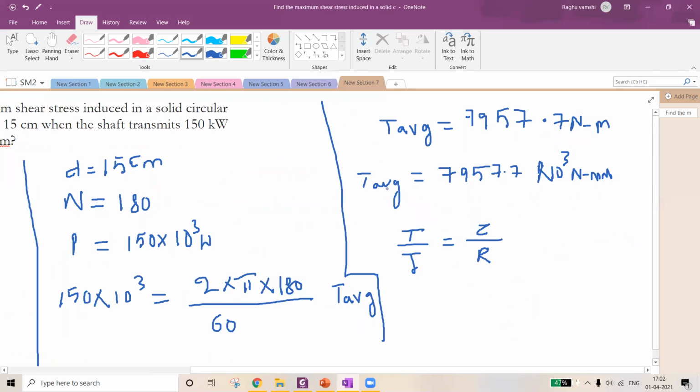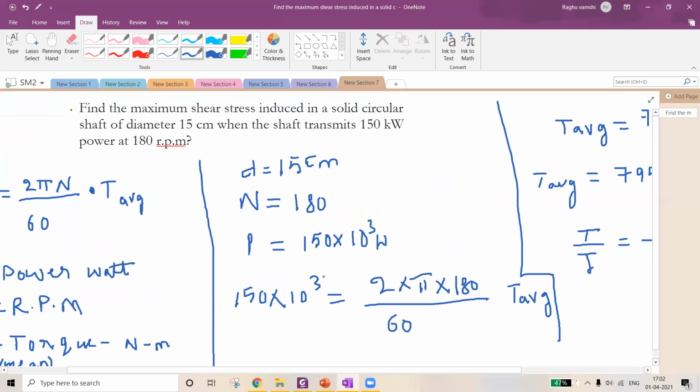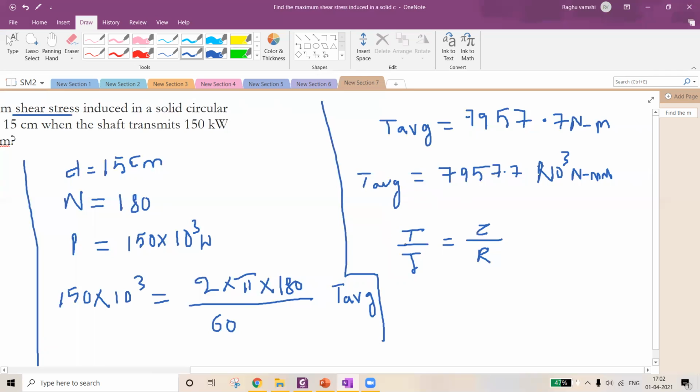Then we will get tau, the shear stress, which is the required term.